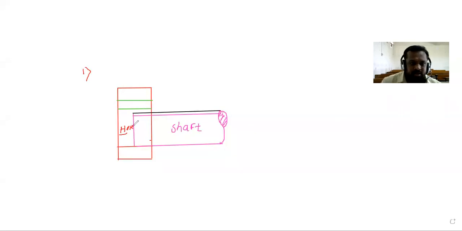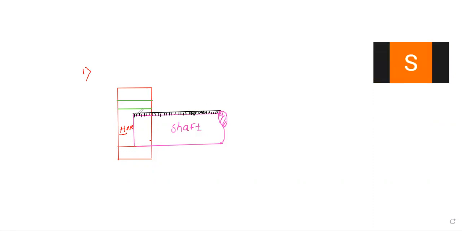Now please tell me, what is this? Yes, the tolerance zone. Is it the tolerance zone for the shaft or the hole?